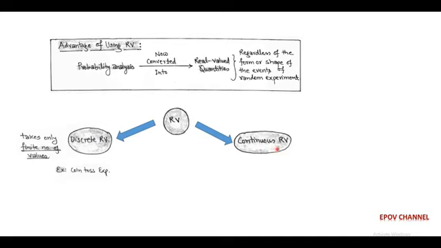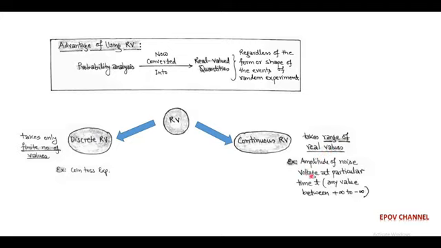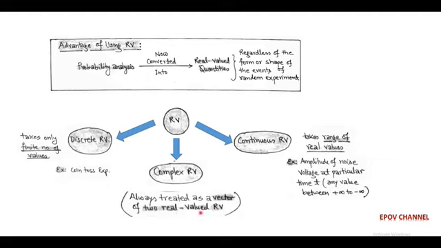In a continuous random variable, a range of real values is assigned corresponding to the event. For example, the amplitude of noise voltage at any time t. And the third is called the complex random variable. The complex random variable is always treated as a vector of two real-valued random variables that correspond to real and imaginary terms.